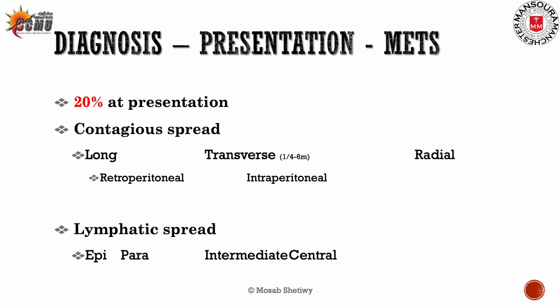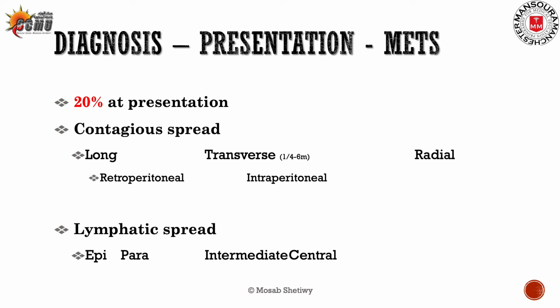Direct spread for colorectal carcinoma occurs in all the planes: longitudinal spread along the lumen, transversely, circumferentially, and radially outside the wall. Lymphatic spread occurs to regional lymph nodes, which are epicolic or epirectal, paracolic or pararectal, and then to intermediate, and then to central lymph nodes around the big feeding vessels.